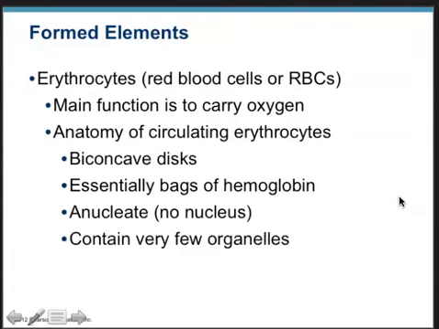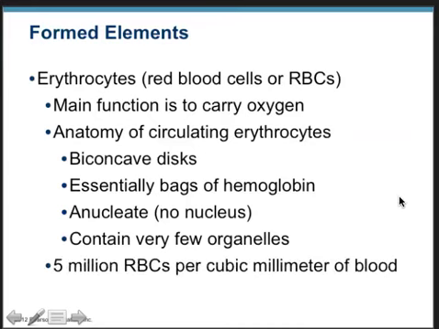There's about 5 million red blood cells per cubic millimeter of blood. There are very few organelles in a red blood cell because we want most of the space to be taken up by hemoglobin, which is the workhorse molecule that carries oxygen around the body. Another very important protein that's also inside red blood cells is something called carbonic anhydrase, which is an enzyme that generates a molecule called carbonic acid, and this is critical in maintaining blood pH.